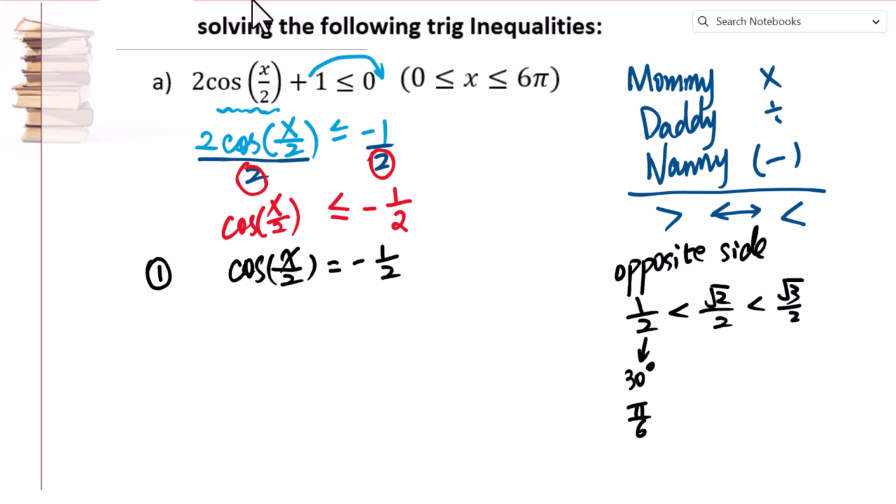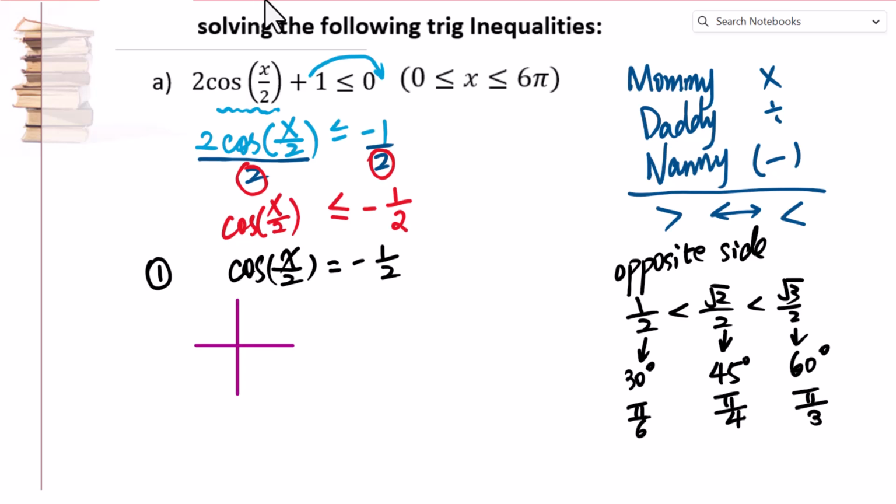If the opposite side is square root 2 over 2, the reference angle is 45 degrees, which is pi over 4. For opposite side square root 3 over 2, the reference angle is 60 degrees, which is pi over 3.